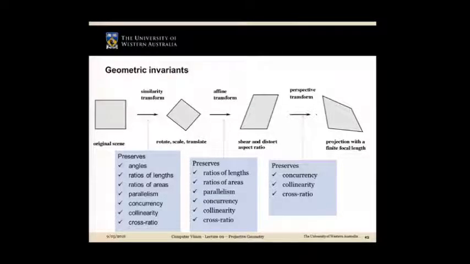What is collinearity? Multiple points that lie on the same line in your real world will lie on the same line in the image plane as well. That's your collinearity.